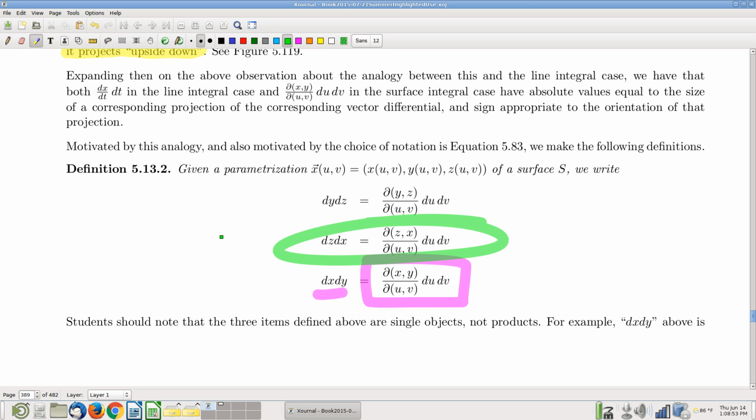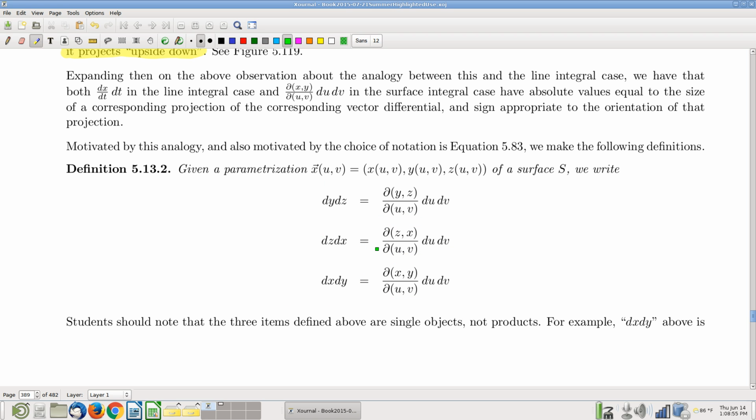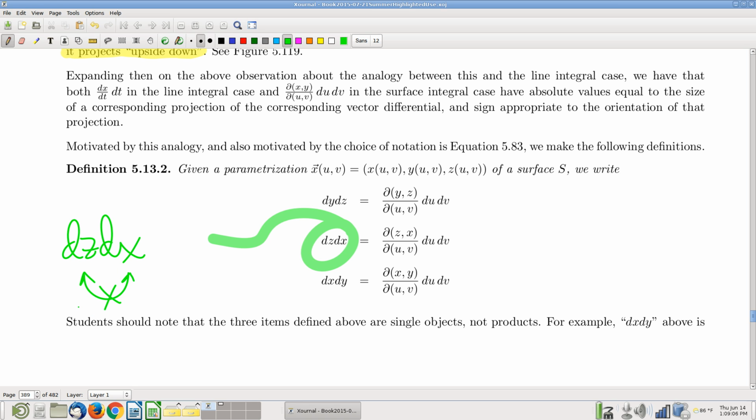By the way, do be careful of one little detail. It always seems confusing, but you have to write this as dz dx. You cannot switch the orders and call it dx dz, because if you look very carefully at how this is defined, it's defined by way of this, which is a determinant.